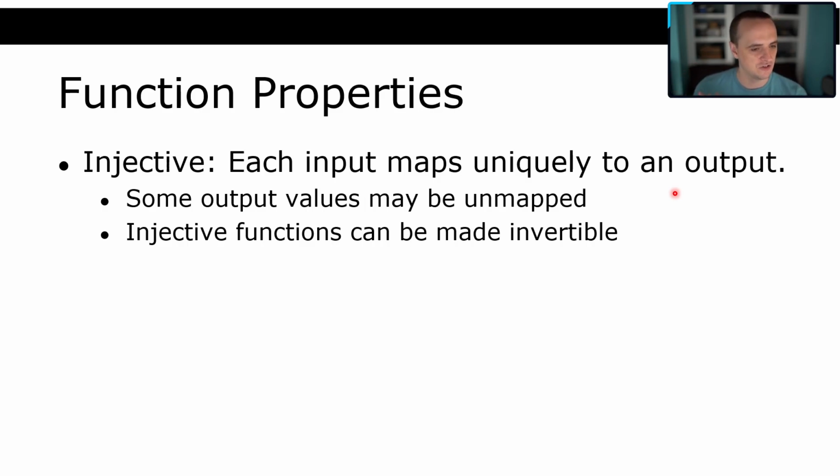That is still injective because each input maps uniquely to one output value. However, the values 27 to 100 are just not going to be mapped to anything, right? And since injective values have unique outputs, it's possible that they could be made invertible. So you could say, if I give you the number 4, you can say, well, that's D, because you know how that function works.